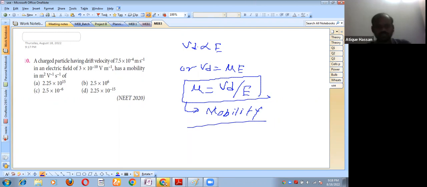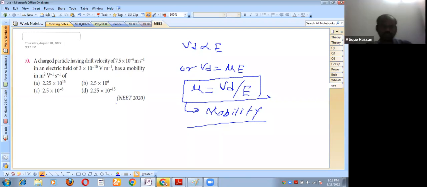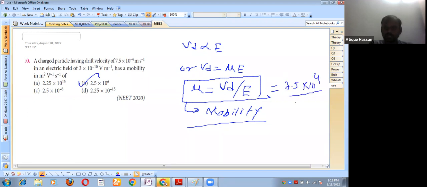All of you are trying. So option B. So we got option B. Mu should be equal to Vd upon E, right? So yes, we should be correct. Very easy. We just have to put in the formula. Vd is 7.2, and the electric field is 3 into 10 to the power minus 10.